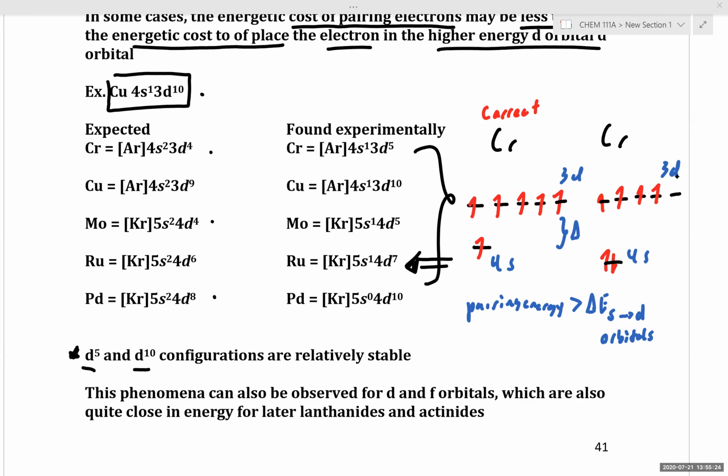Yes, essentially it costs less energy to dump that electron into an empty d orbital, or promote that electron to a d orbital, rather than pair electrons in our s orbital. That's exactly right.